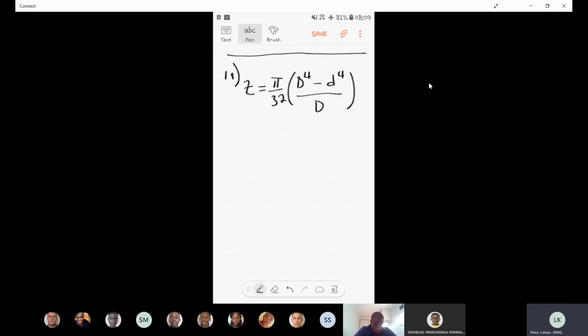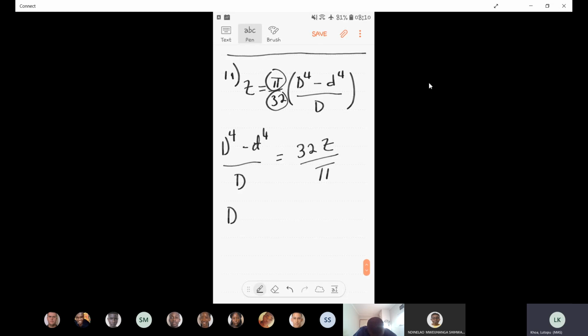So first thing you can do is you can divide by pi and then multiply by 32. So you'll have big D to the power of 4 minus small d to the power of 4 over big D. This is equal to 32 Z over pi.